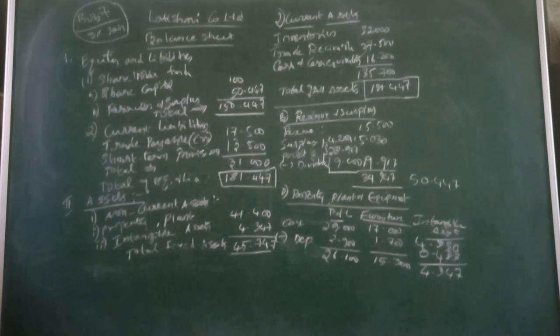You should understand one point clearly. Though we are showing the information one by one in the balance sheet, at the same time you should show the grouping of the information separately in the form of notes to accounts. What are those notes to accounts? For example, I have taken shareholders' funds, right? Shareholders' funds come to 150.447, and that, as I just explained, is share capital plus reserves and surplus.